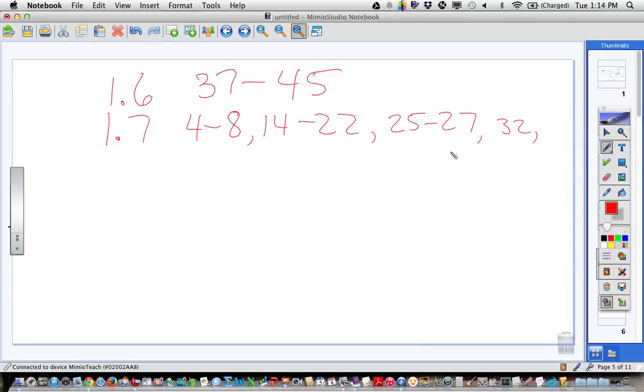Then 32, 33, 43, and 44. You're going to get in shape here. You're going to get in calculated shape. Conditioning week. Do it. We don't want to run out of gas on number 43 and 44.